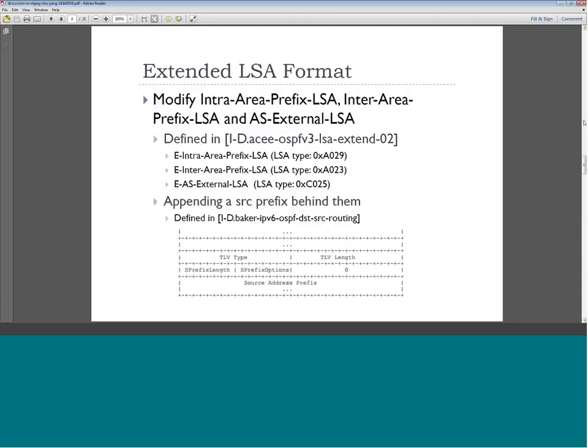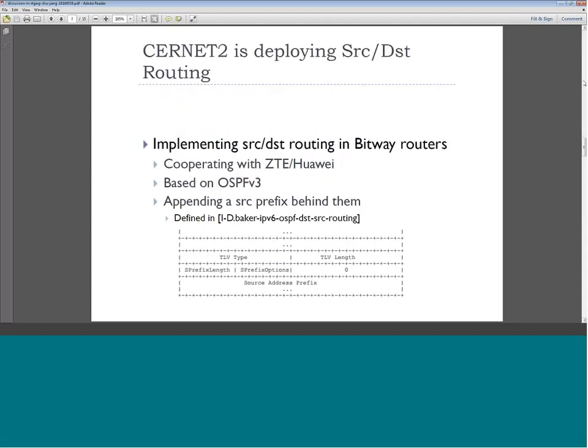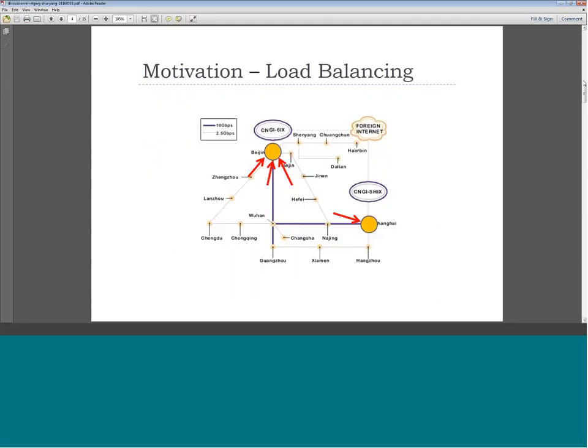This is Chris Bowers here. I had a question about the forwarding performance of this. You mentioned that there's no testing done on the forwarding performance, but this use case is very different from the multi-homing use case, where source-destination routing would be in a home network or an enterprise.